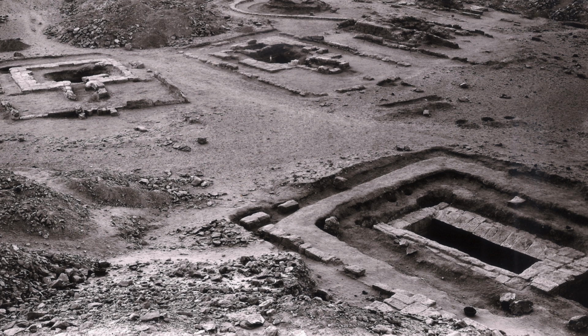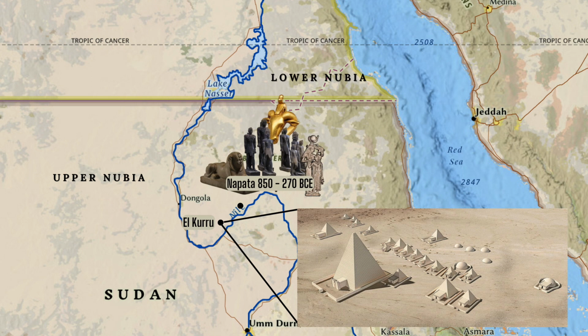For example, the Napatan kings built pyramids but put their own twist on it. A lot of people think that Kushites copied Egyptians or that they belong to Egyptian rulers, but that's not true at all. In Sudan, there are actually over 200 pyramids belonging to Kushite royalty. And El Kurru was the first royal cemetery associated with the capital city of Napata.